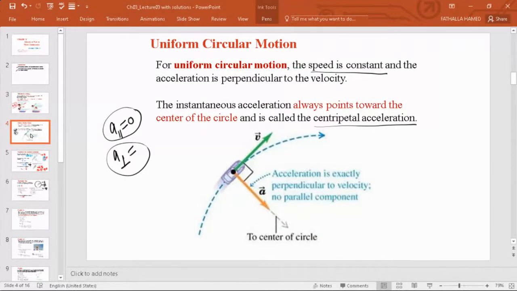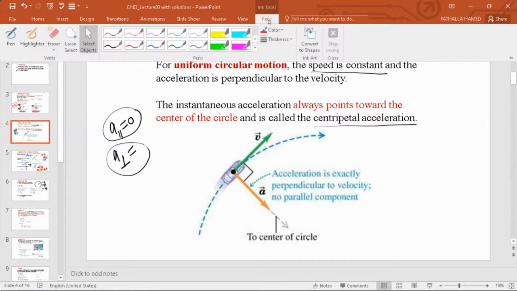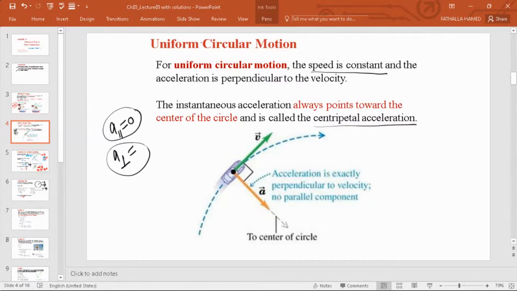Today we're going to talk about circular motion, and we are going to start with uniform circular motion.